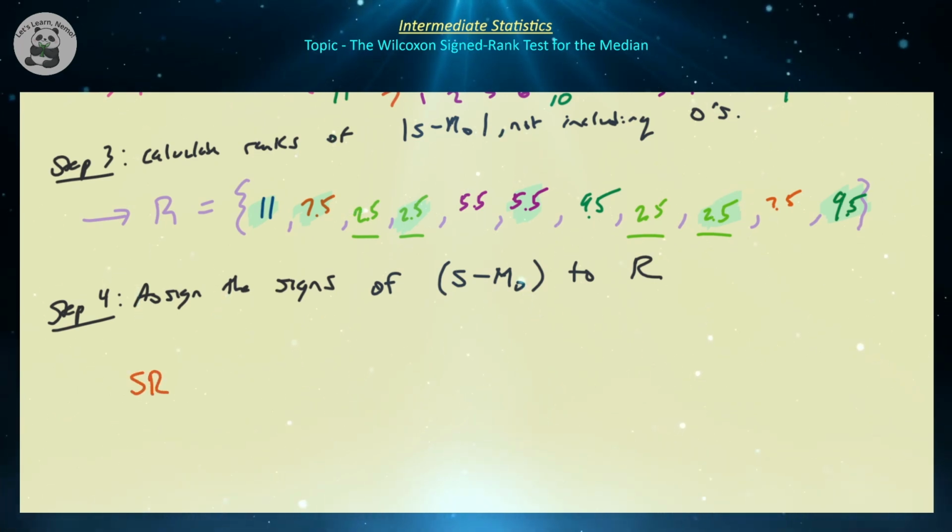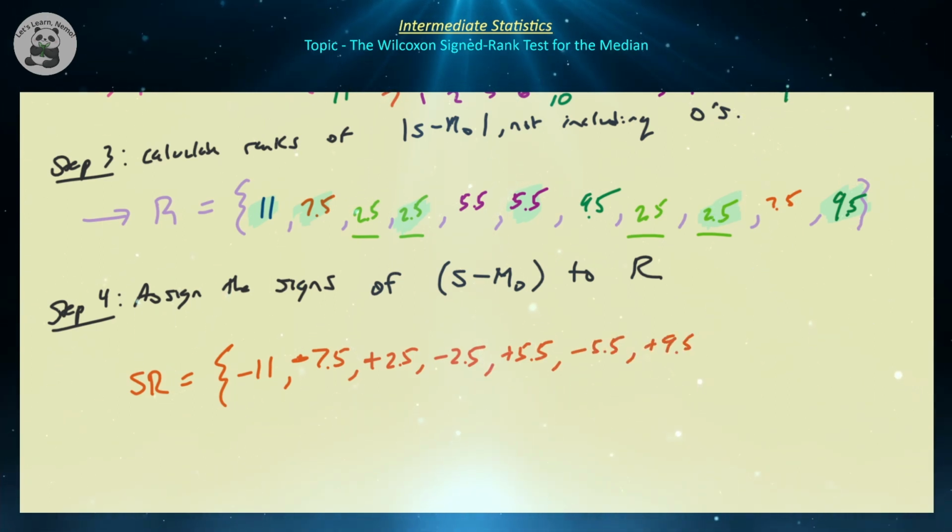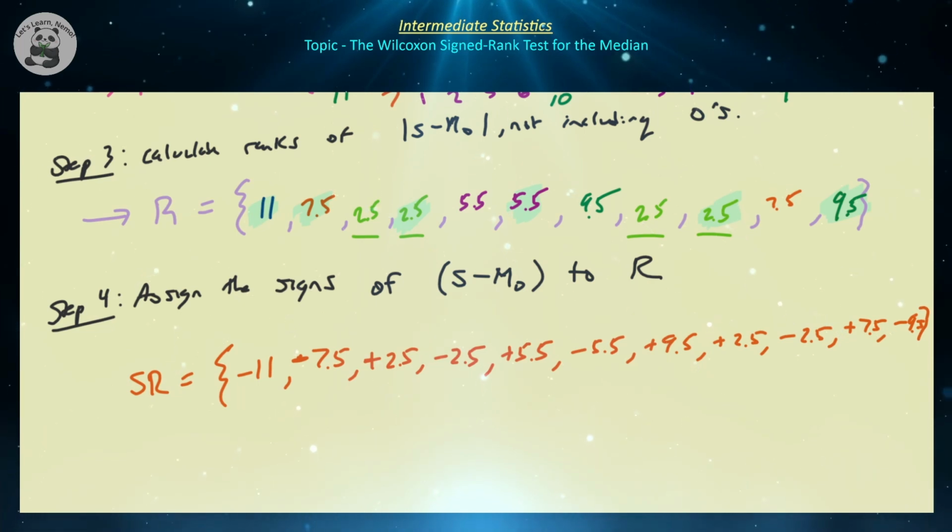So I'm going to call that set SR. So this is going to be equal to minus 11, minus 7.5, and then we're going to have positive 2.5, minus 2.5, positive 5.5, negative 5.5, positive 9.5, positive 2.5, negative 2.5, positive 7.5, and lastly negative 9.5.